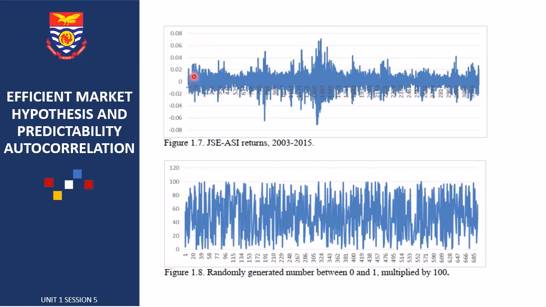So we could see that at this point, assuming this is day 1, the day 2 is also dependent on day 1, because there is some form of connection. So here, even though it is hard to say, we can see some form of autocorrelation in this series, because the return series are connected in a way.